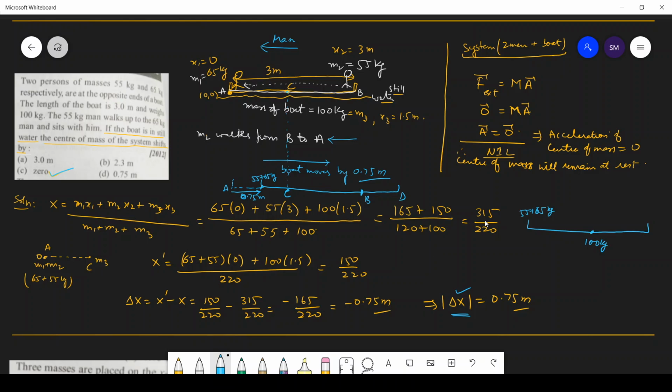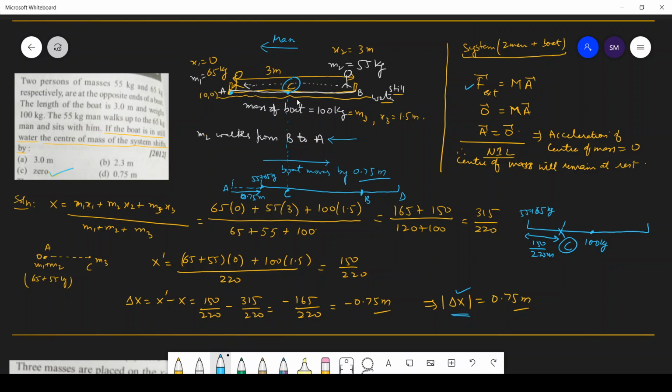Initially it was at a distance of 315 upon 200 from A. And now it is at a distance of 150 upon 200 meter. So here we have the new center of mass, but it is the same point C as before, because there is no external force.